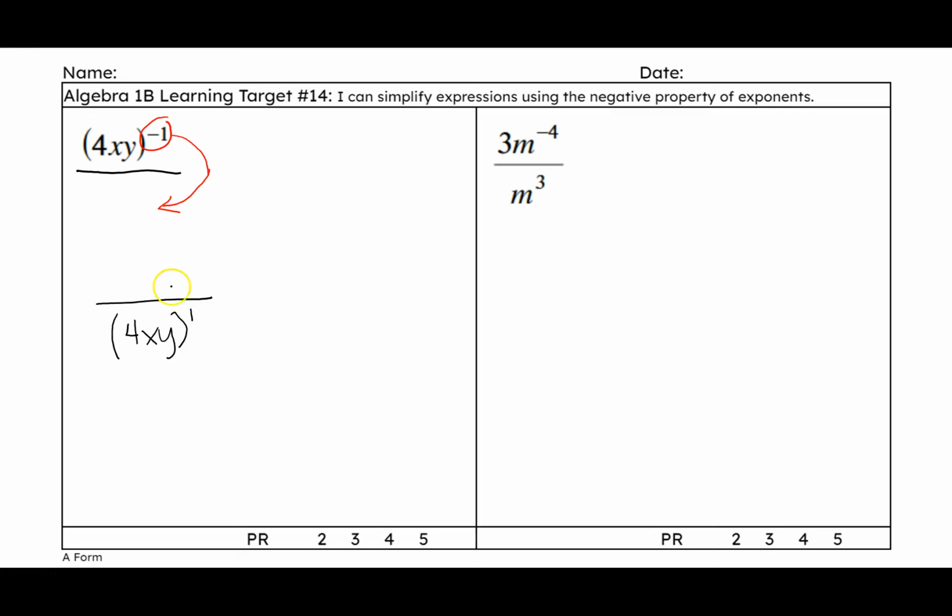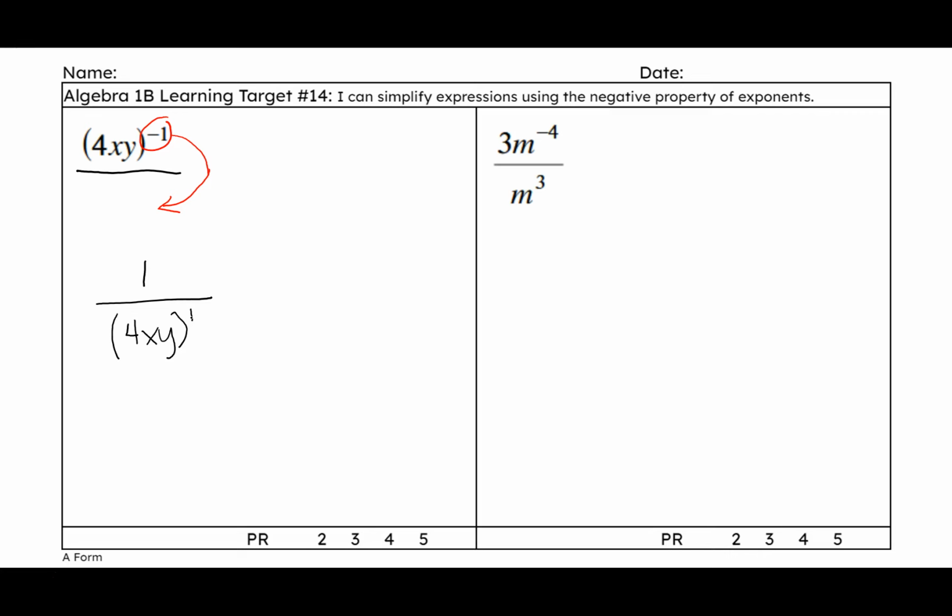Now, what is left upstairs when there is nothing left? Well, it's not 0. That is our additive identity. We're looking for our multiplicative identity, which is 1. Anything times 1 is itself. And this I can clean up a little bit. Anything to the power of 1 is just itself.